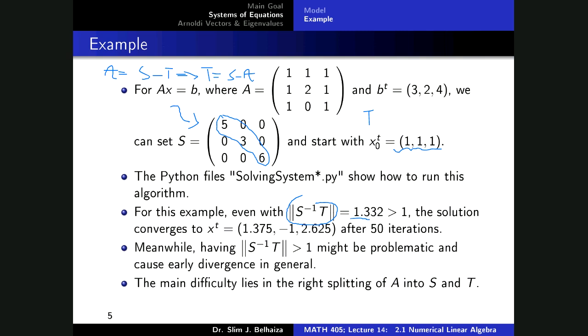Even in this case, after a couple of iterations, we converge to the exact solution of this system, which is 1.375, minus 1 and 2.625, after about 50 iterations. But in general, having this norm not smaller than 1 might be problematic and probably cause divergence. So the main difficulty lies in the right splitting of A into two matrices S and T.